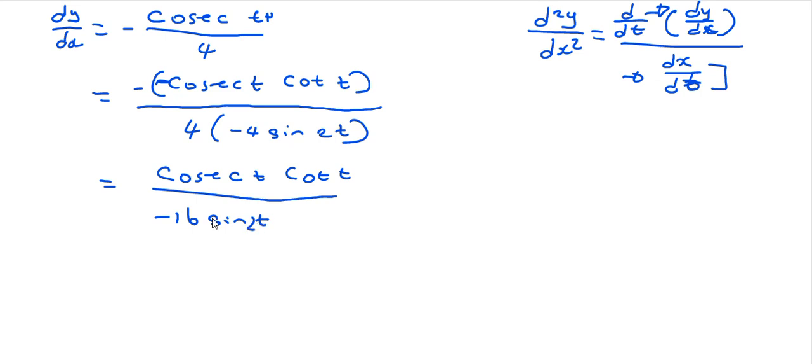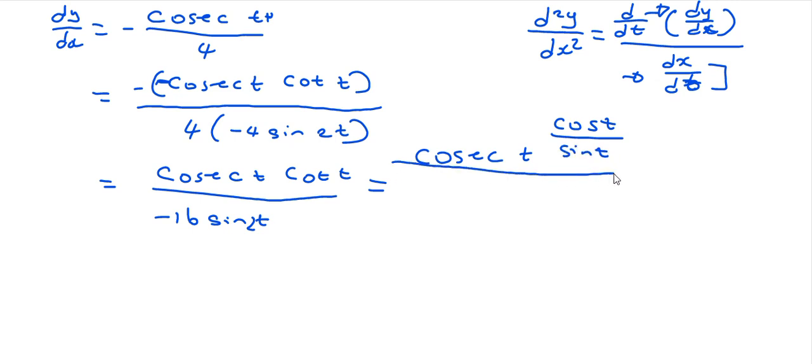So let's check something here. We are going to say that our cosec t times cos t over sine t, all over negative 16 into 2 sine t cos t.